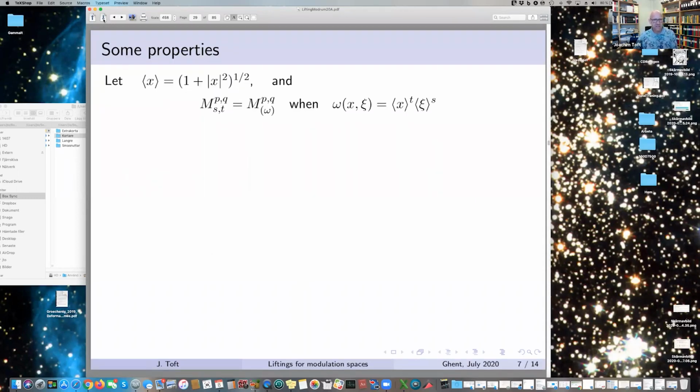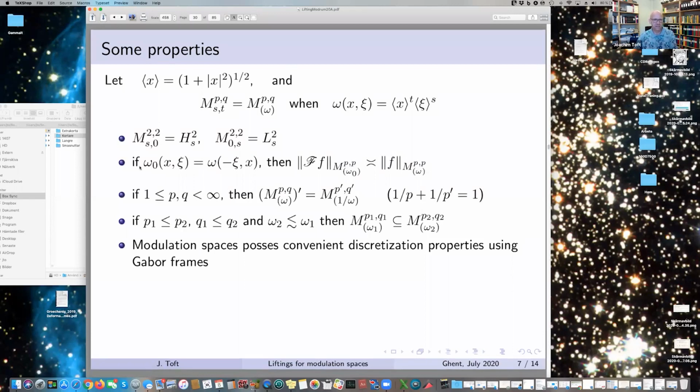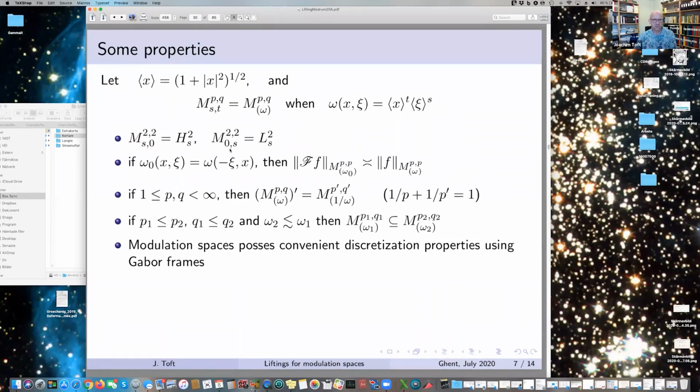Some properties: we can first of all get the most common Sobolev space, as well as perhaps the most common weighted L2 space. We also have a big scale of Fourier invariant spaces, and natural duality properties. But we also have a nice property that if we increase the parameters p and q, we increase the spaces as well.